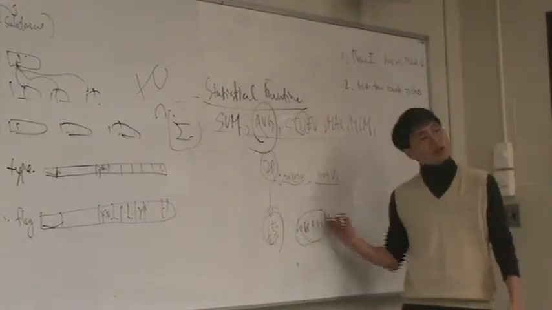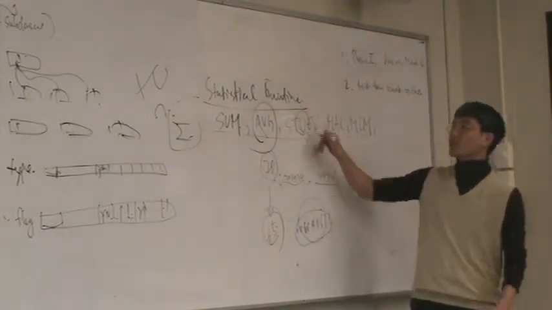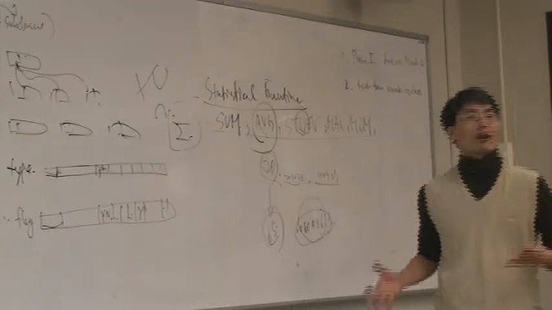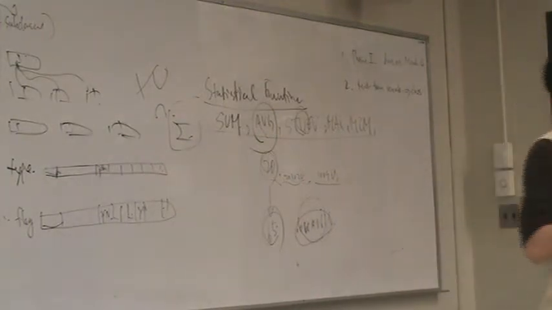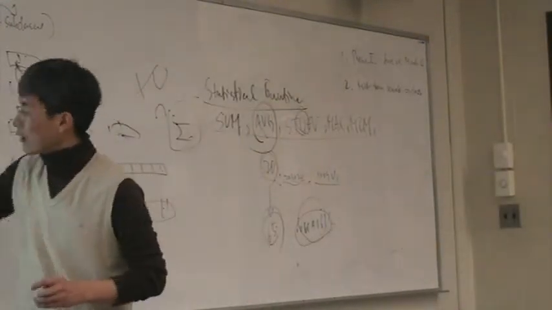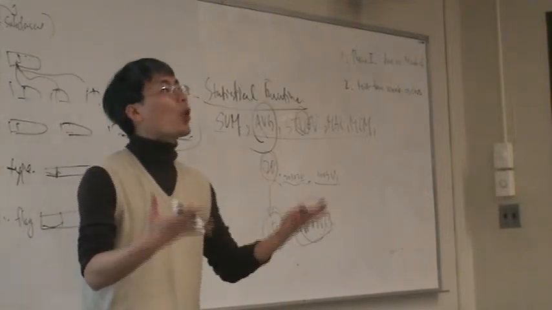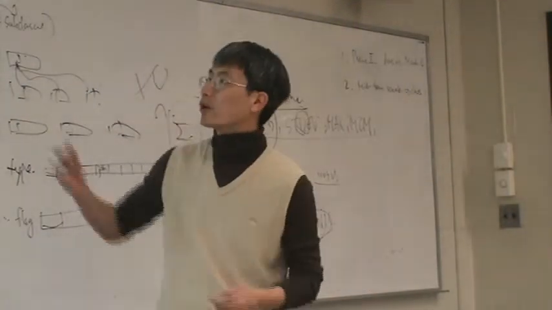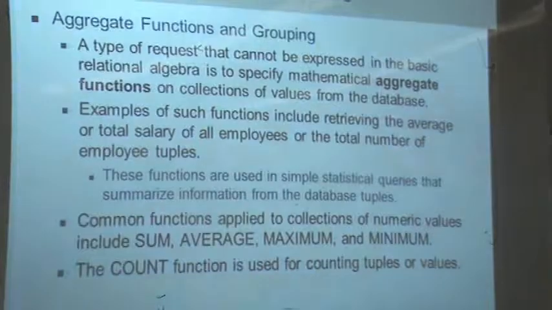So instead, this one is better. So using such statistical functions, we can analyze the data. It's a very, very powerful tool. In programming languages, sometimes it's a built-in function, sometimes you need to call such a function. But in SQL, it's even a built-in operation. So that is called the aggregate function and grouping.